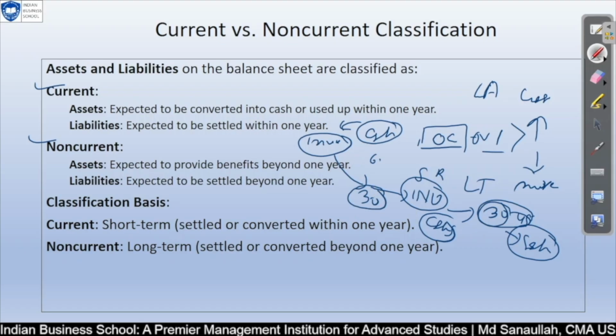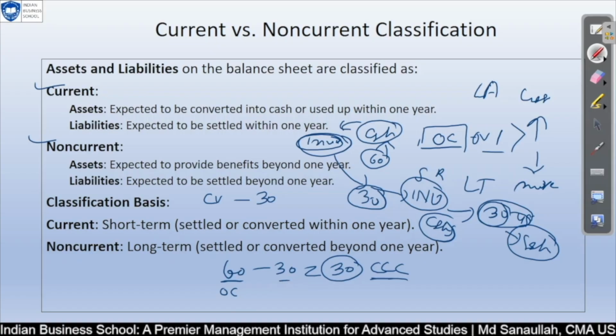So after 60 days you are receiving your cash, and this is called the operating cycle. But if you are buying this inventory on credit for maybe 30 days, then that 60 days will be reduced by this 30 days, and the cycle is then considered the cash conversion cycle, not the operating cycle. So this is called the operating cycle.